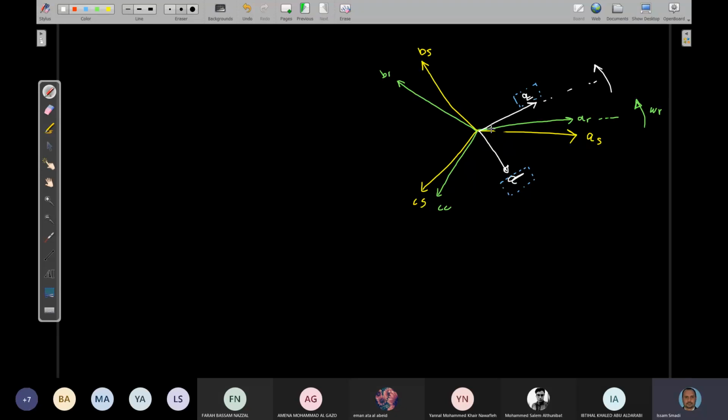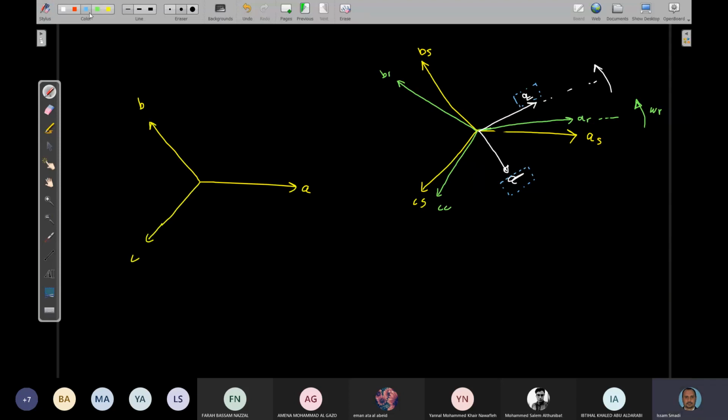Although they exist in certain machines, such as the DC machine, where I'm having the quadrature axis and the direct axis, here in the three-phase system I'm generating a reference frame. Now, the reference frame can be set anywhere. So let's assume this is the A, this is the B, and this is the C.